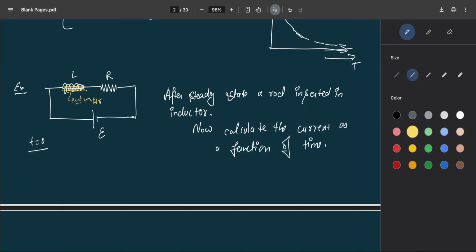Alright, if you have solved it, please let me know. Otherwise, I'll solve it out.